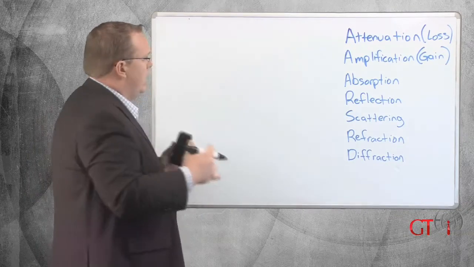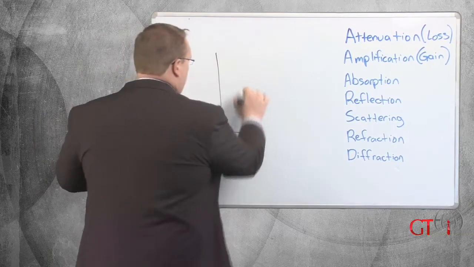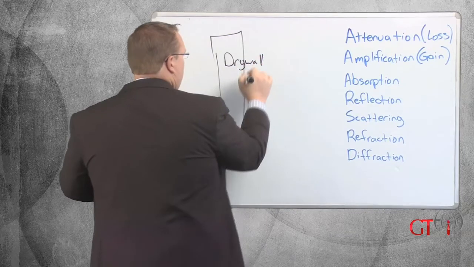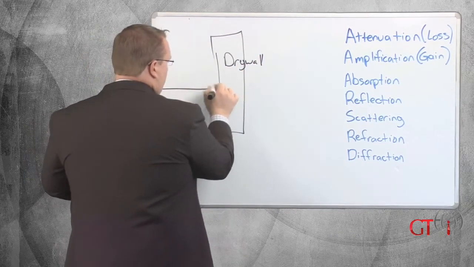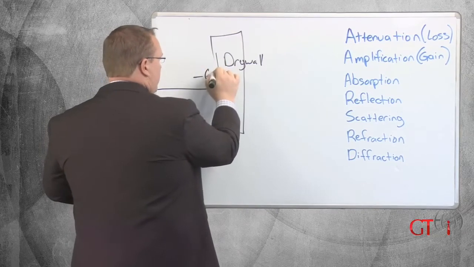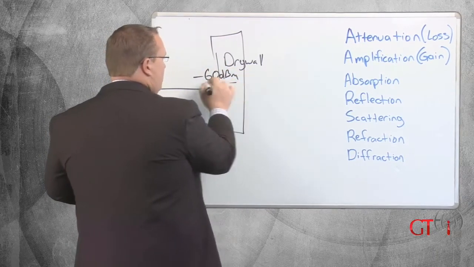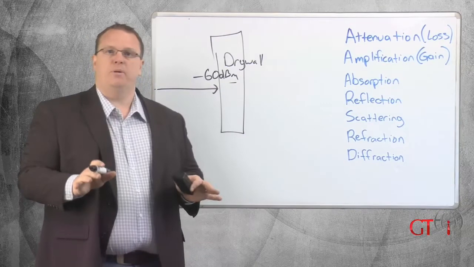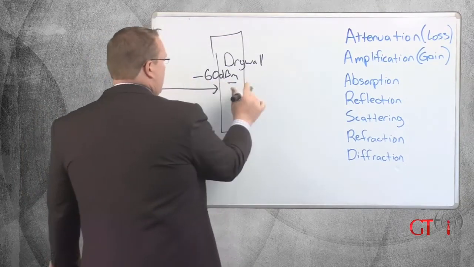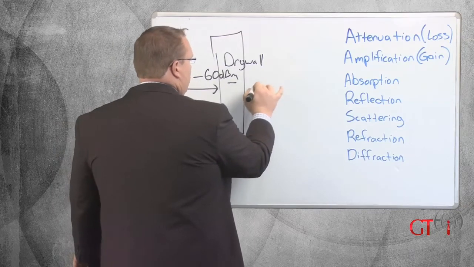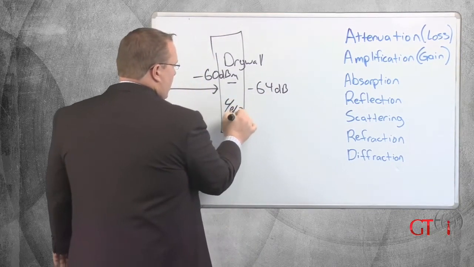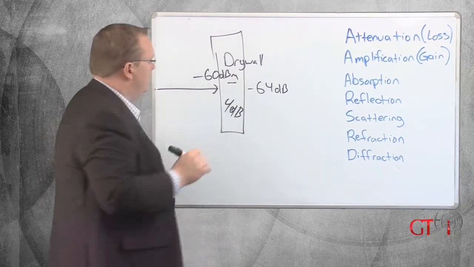So absorption is just, we could take a drywall, and as signal goes in, let's say it goes in at a real signal level, say negative 60 dBm. Again, we haven't got to the dBm part yet. Don't worry about it too much. When it exits the other side, it may be negative 64 dBm. Maybe this drywall has a 4 decibel loss.